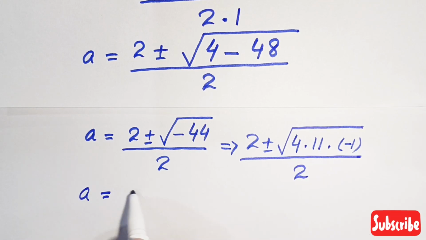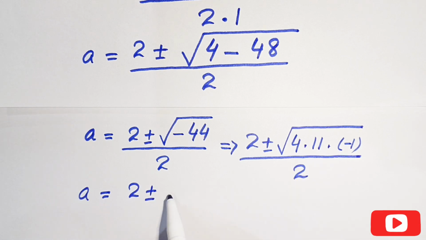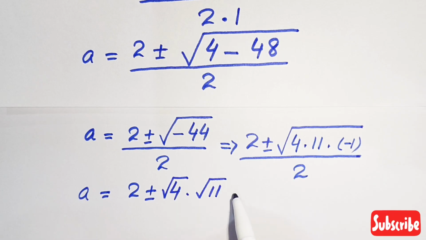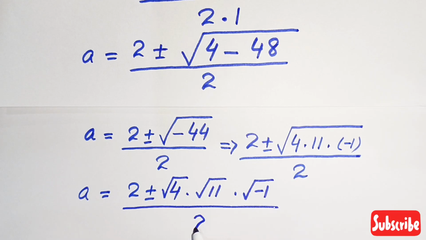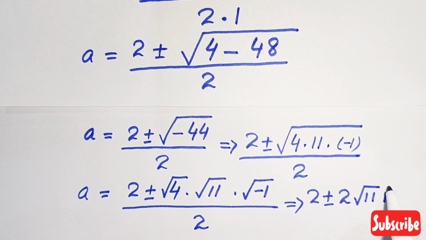A is equal to 2 plus minus, writing these terms separately under the square root, we have square root of 4 times square root of 11 times square root of minus 1, all over 2. Here we have 2 plus minus square root of 4, which we know is equal to 2, and square root of 11, and square root of minus 1 is equal to i, all over 2.